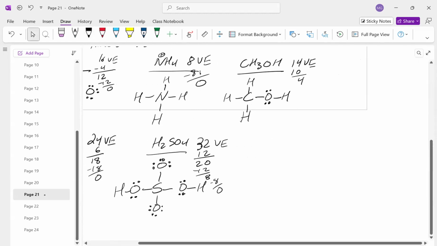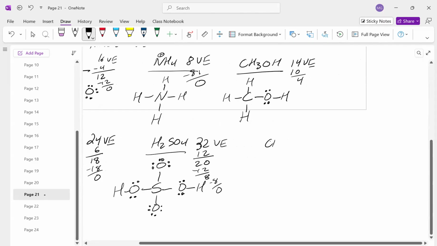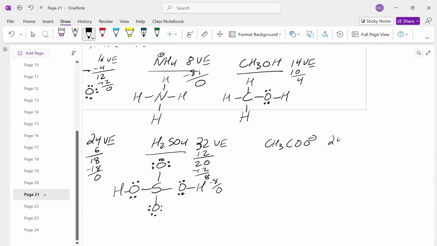And then finally, acetate. And I'm going to do both versions that I showed you on the previous page, the right one and the wrong one. The right one had our atoms like this, where the oxygens were bonded to the carbon, not to each other.